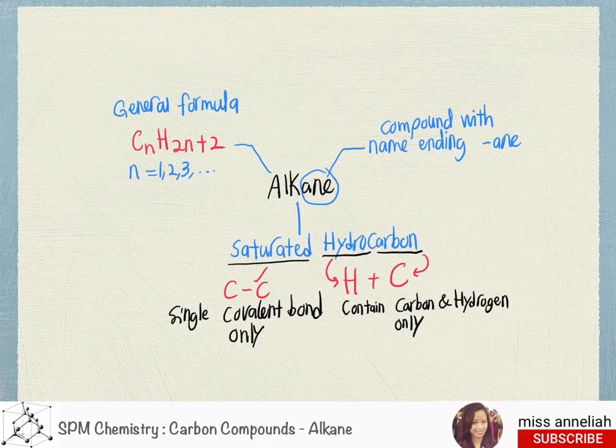All the members of a family of compounds, or homologous series, can be represented by a general formula. In the case of alkanes, the general formula is CnH2n+2, where n is the number of carbon atoms present, which is 1, 2, 3, and so on.